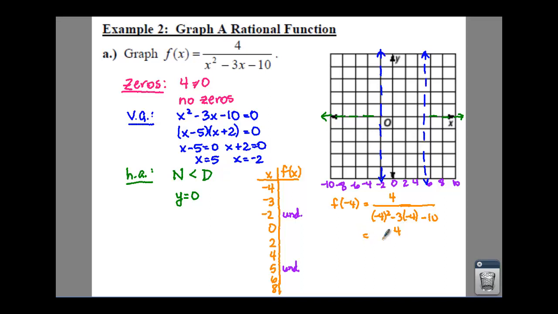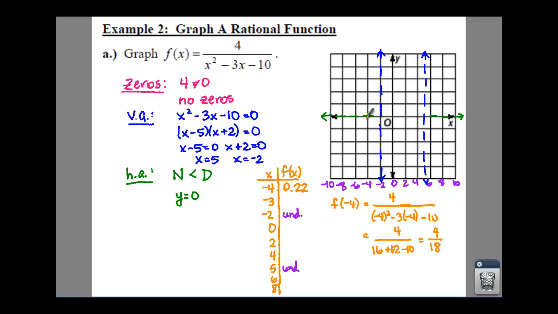If you evaluate this, this gives you 4 over 16 plus 12 minus 10, which is 4 over 18, which as a decimal is 0.22. So if you go to the left 4, remember we're going by 2, it's negative 4, up 0.22. That's barely above your asymptote, that's okay.